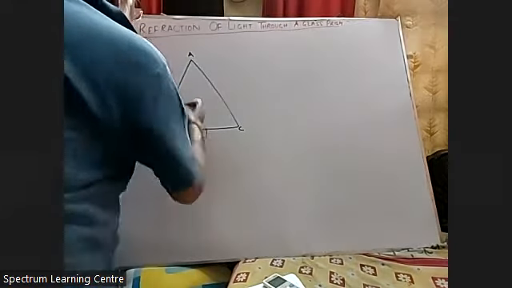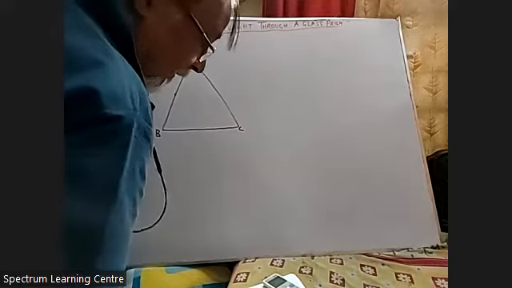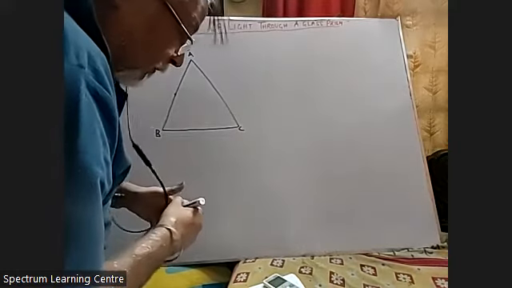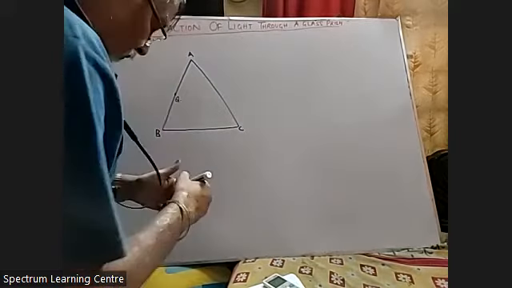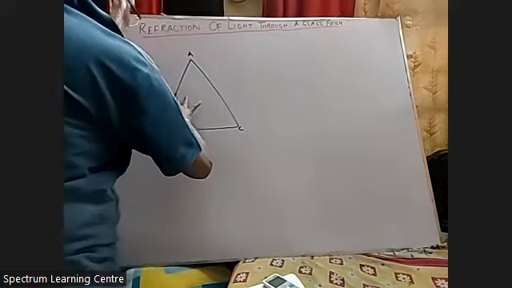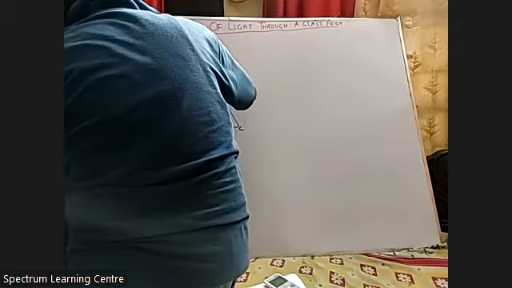Now at this point, say this point is Q. I may write the point later. Let me draw a normal first.